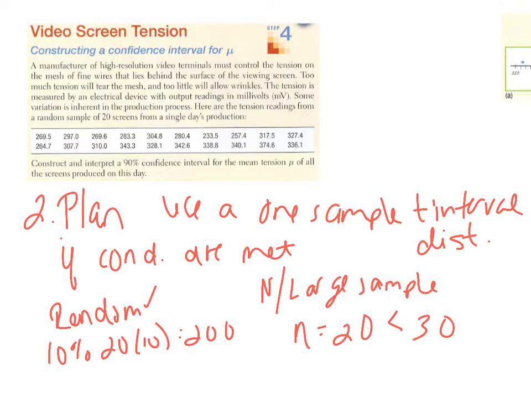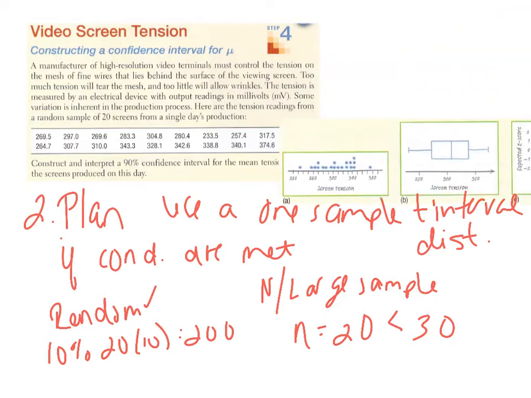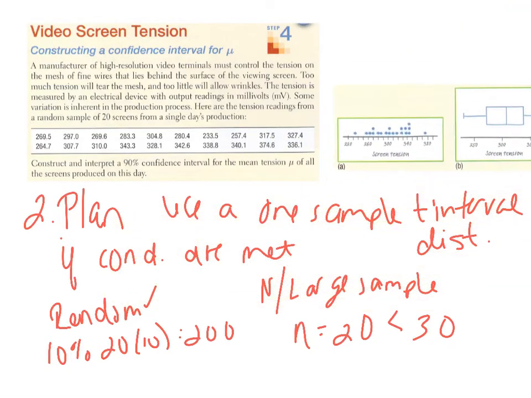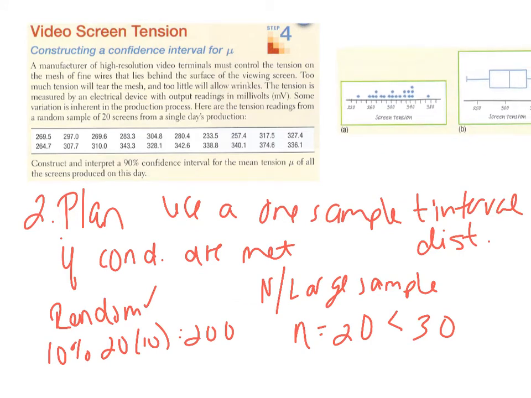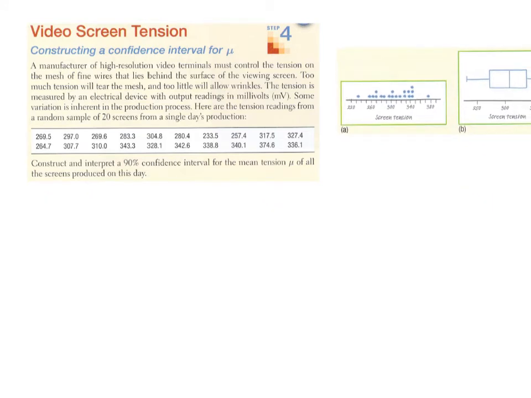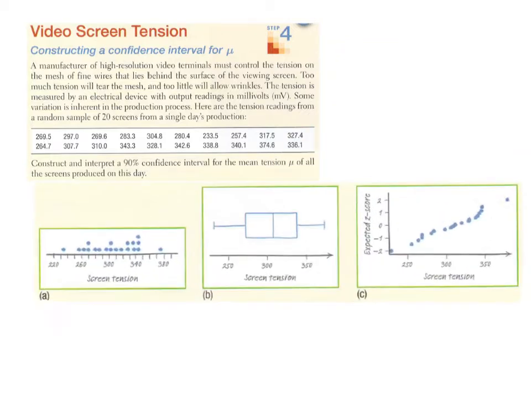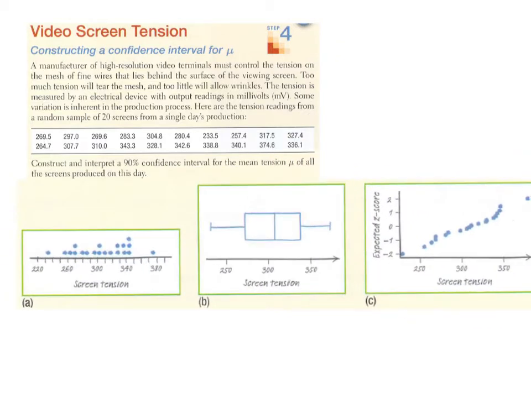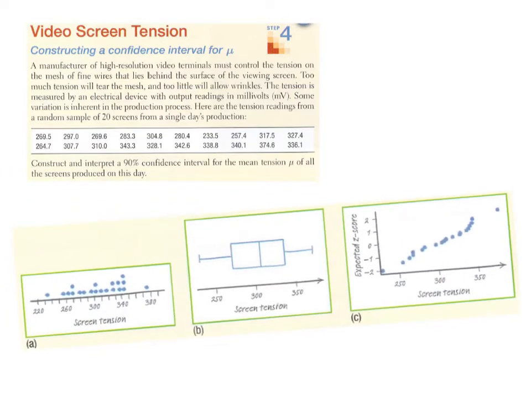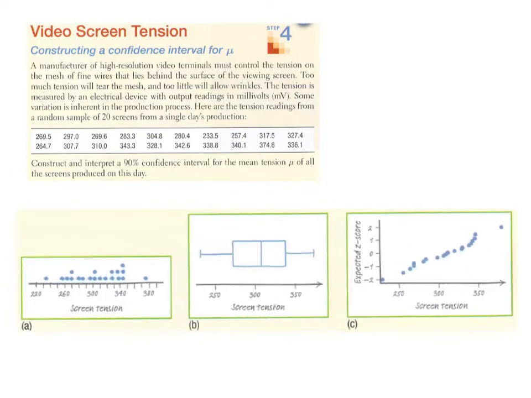If I put this into the calculator, these are the graph options that I would get. If you encounter this on your AP test, you cannot just say that you did a graph on your calculator.